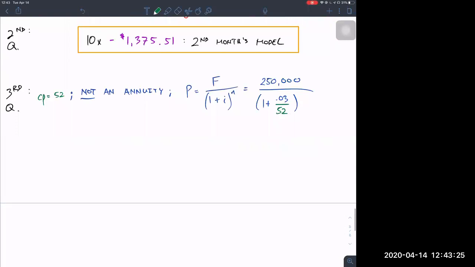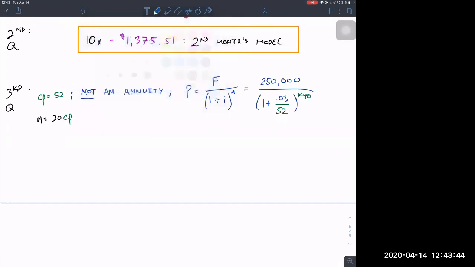So I can't do that in my head. That's n equals 20 times CP, 52 times 20 is 1040.